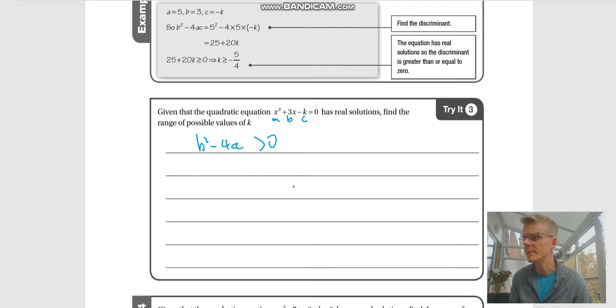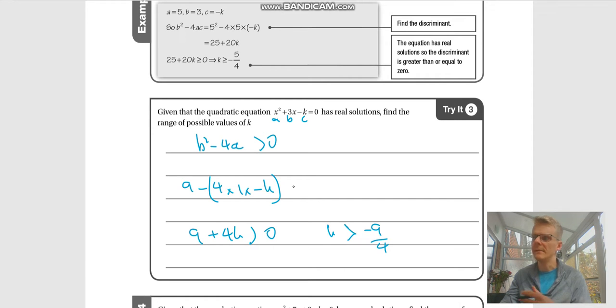So b squared is 3 squared, which is 9, minus 4 times 1 for a, times c, which is negative k. Straight away I'm going to make this positive because we're multiplying. So we've got 9 plus 4k has to be greater than 0. So k has to be greater than negative 9 over 4, and if that's the case, then we get real solutions.